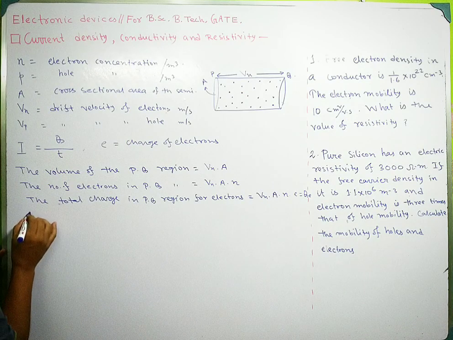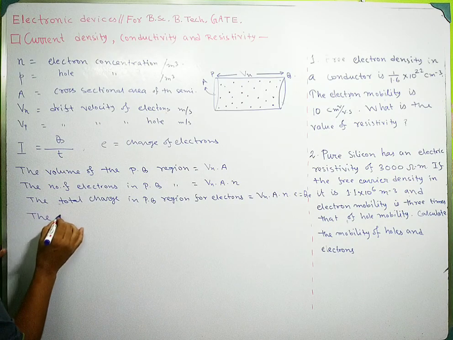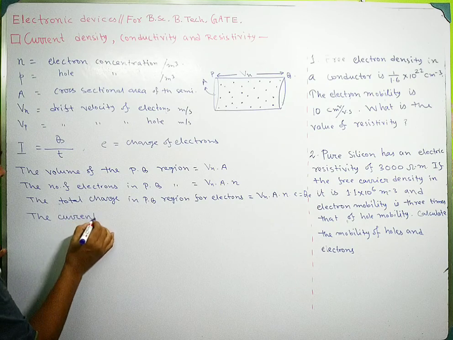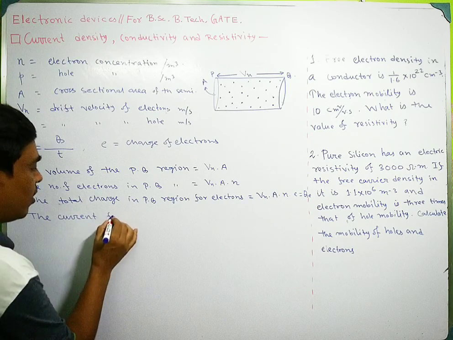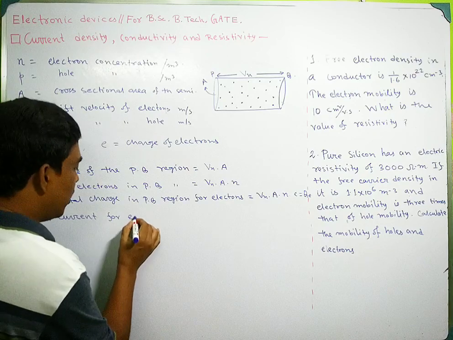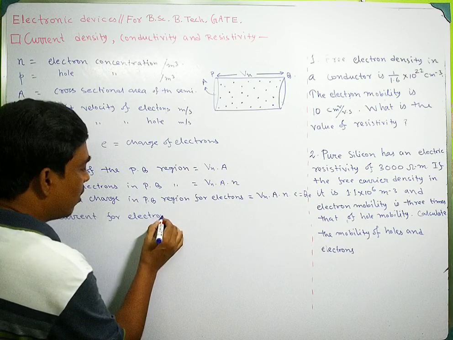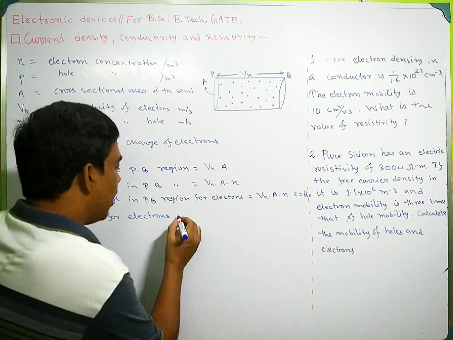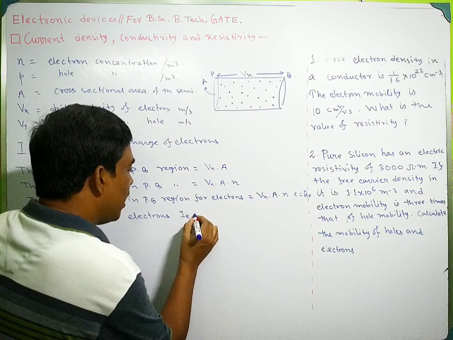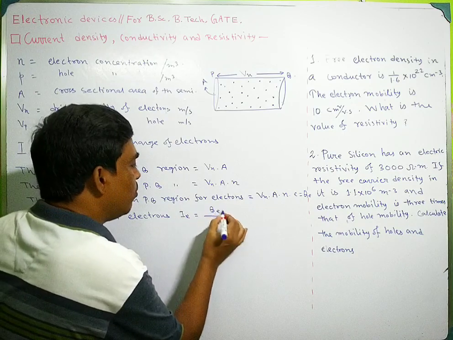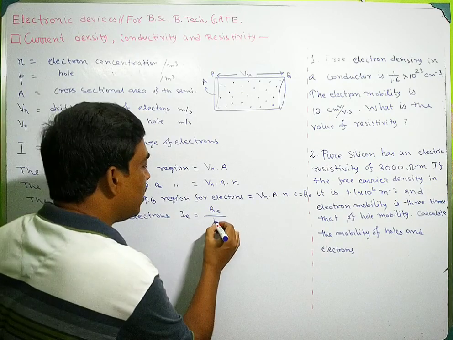So the current for electrons can be calculated as total charge due to electrons divided by time.